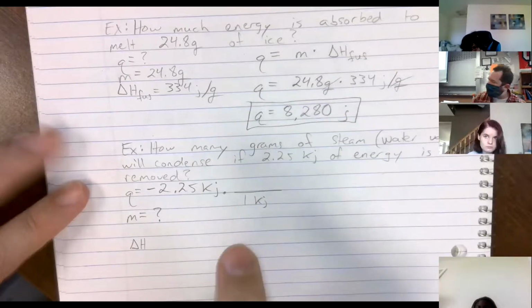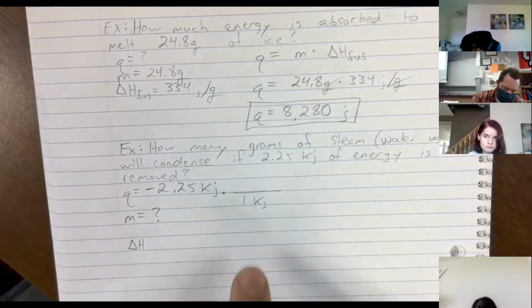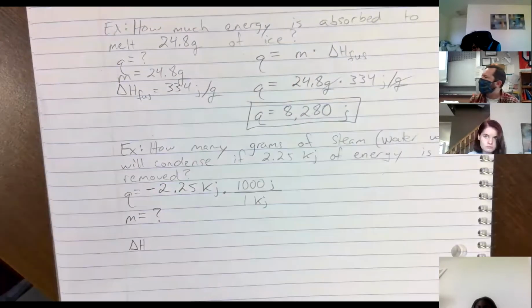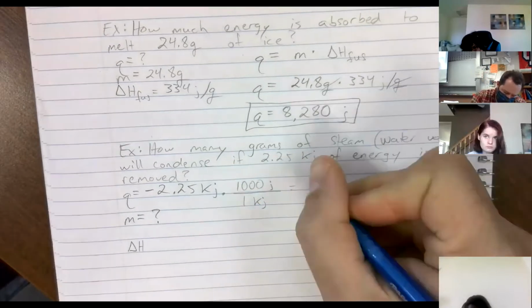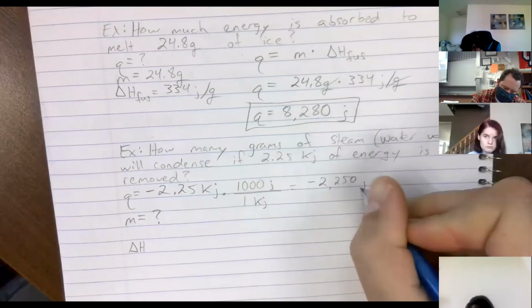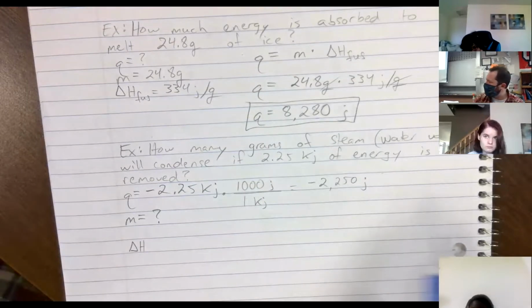We all know, or we all should know by this point, that K in front of something, like kJ, means 1,000. Doesn't matter what that K is in front of. Kilometer, that's 1,000 meters. Kilogram, it's 1,000 grams. So this is really pretty easy. Negative 2,250 joules. Cool.